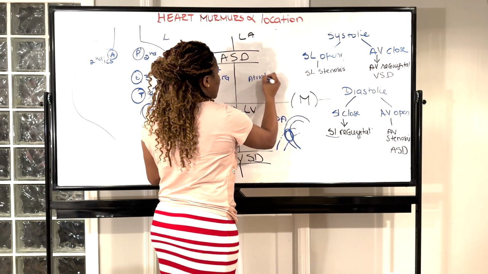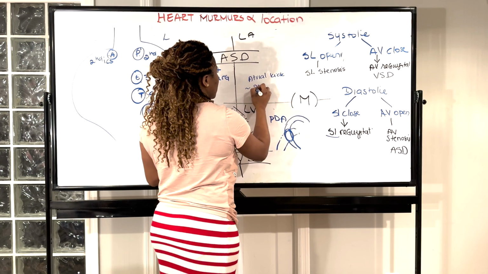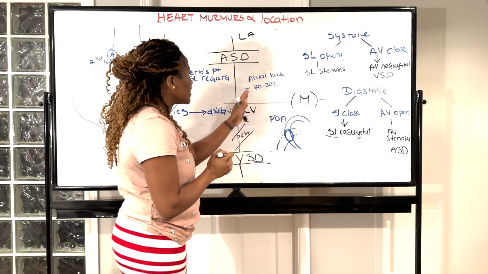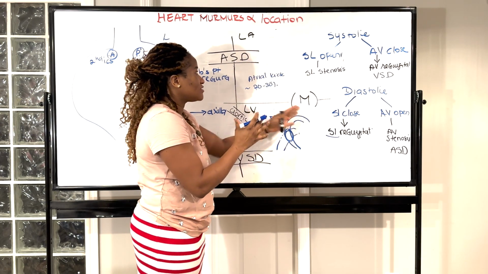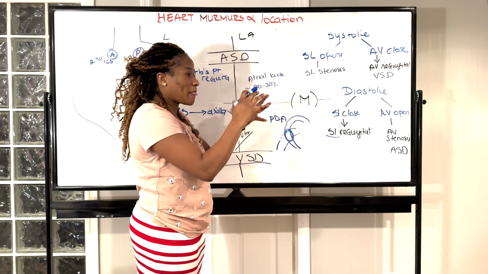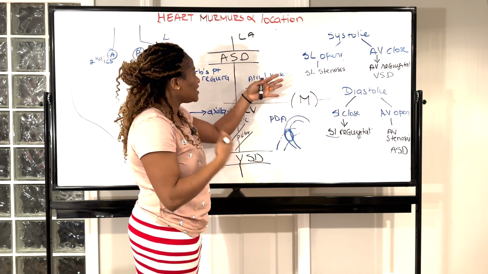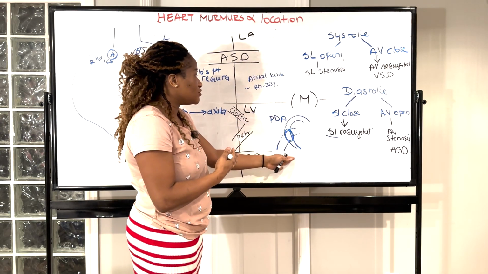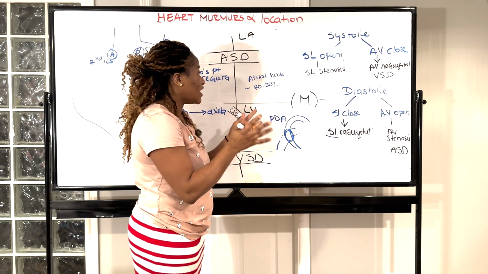The atrial kick provides about 20 to 30% of your stroke volume. These atrial kicks happen just before the end of diastole. It's where the atrium forcefully contracts to squeeze out the little bit of blood left in the atrium, and it dumps right here, and this marks the end of your diastole.